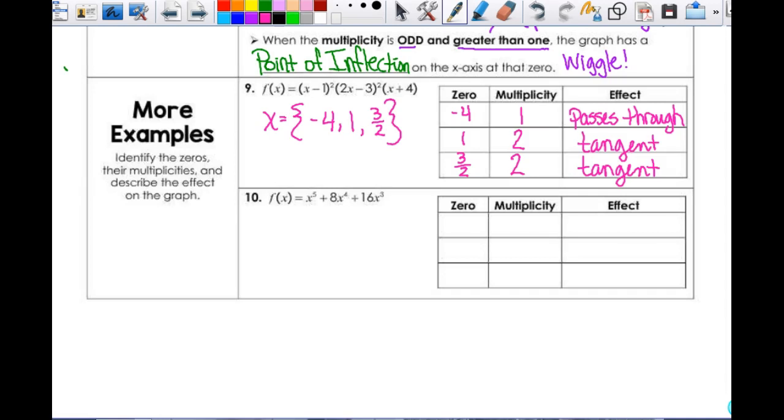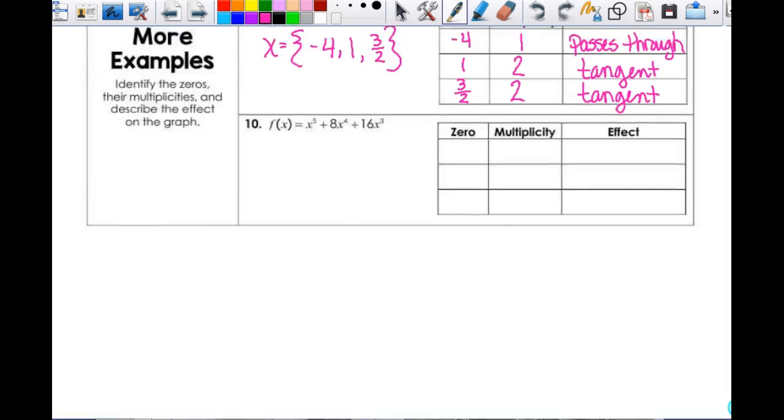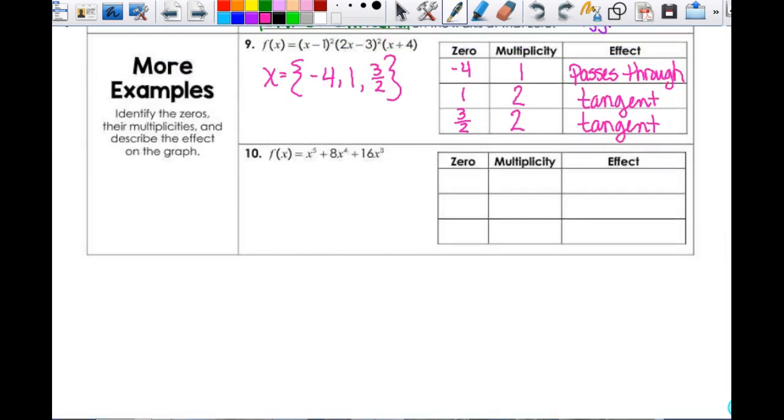All right, so then number 10. I want you to go ahead and, again, factor it on your own without me talking you through it. And don't look up here while you do it.